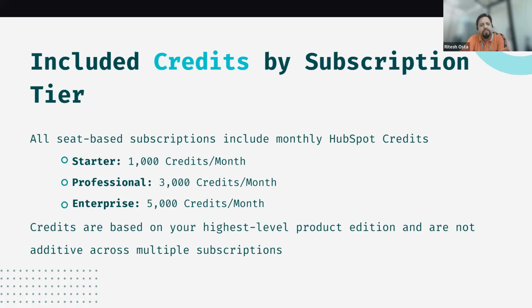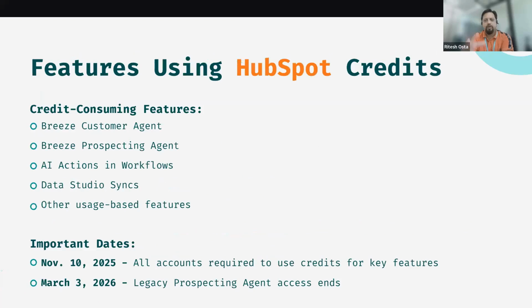For example, if you have a Sales Hub professional and a Marketing Hub starter, then you'll get 3,000 credits a month. Whichever is the highest level product edition, you'll get credits accordingly. So this is all about what HubSpot credit is, and how you can get some free credits according to the package that you take.